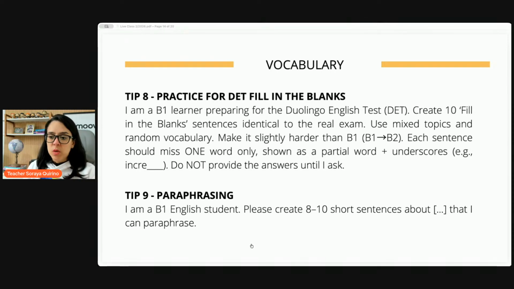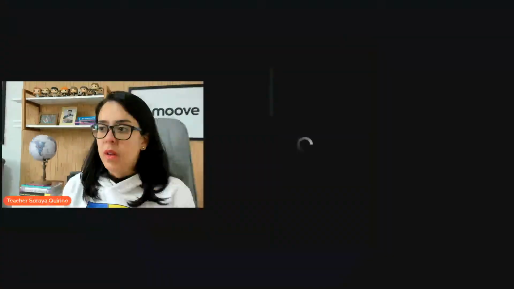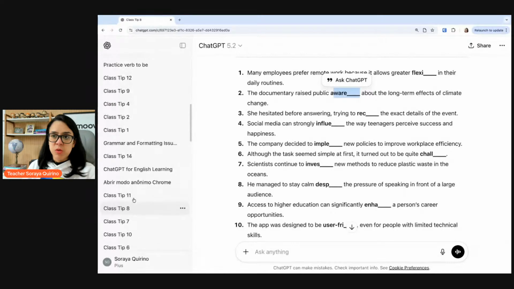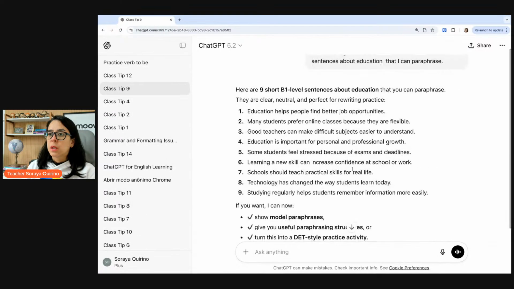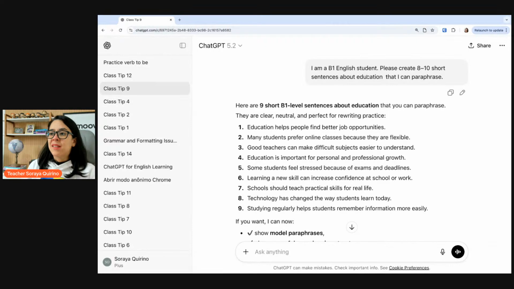Let me show you here what you can do and what ChatGPT can do for you here. So I asked ChatGPT to come up with sentences about education that I could paraphrase. So, education helps people find better job opportunities.